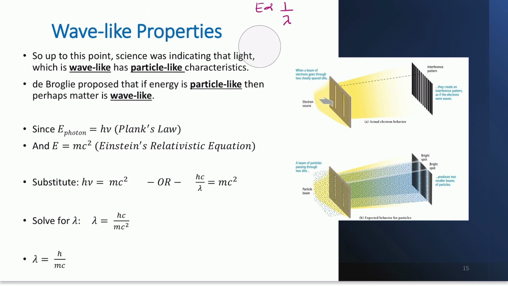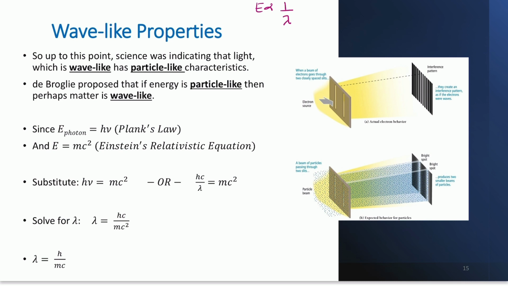But up until this point, science was indicating that light, which we knew was a wave, also had particle-like characteristics. So we know that we can actually determine the energy of that light source. That light can be absorbed or emitted in the form of energy, in the form of a photon.